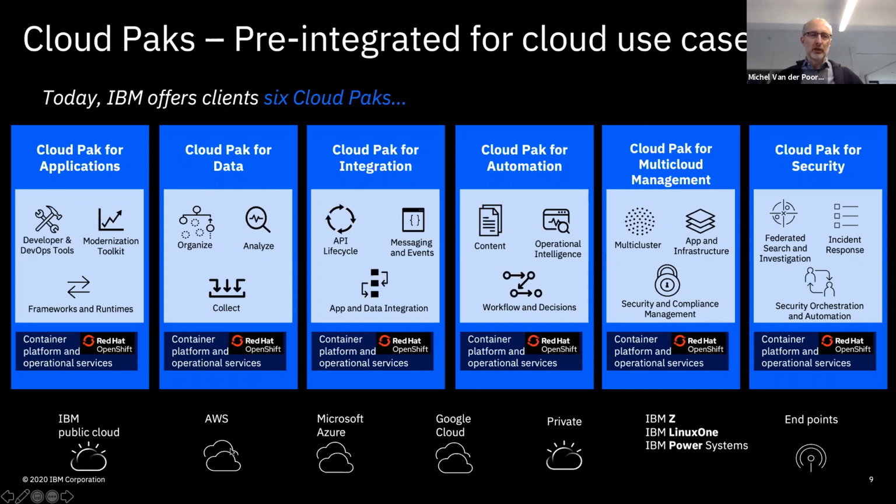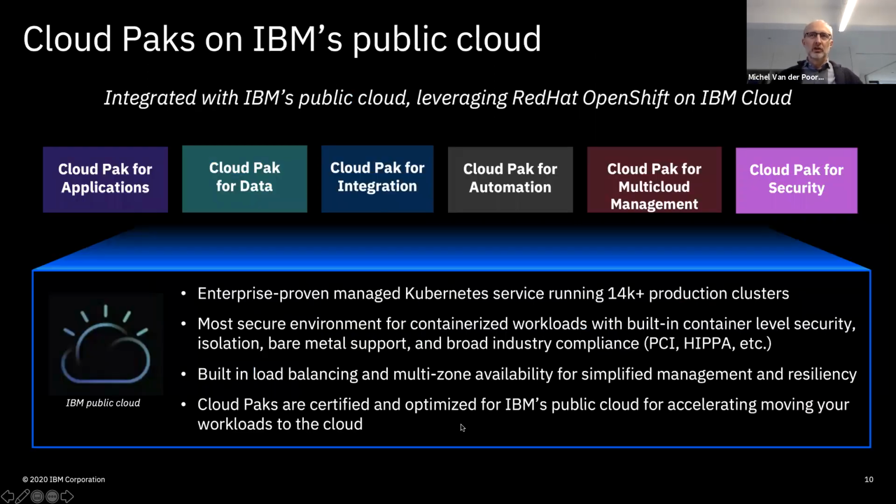So if you look on AWS, they have a managed OpenShift, well, you can just say, okay, I need a Cloud Pak for applications, I will just deploy it over there. And of course, what you can do on those other clouds, you can also do on our cloud. Important to say that if you deploy a Cloud Pak on our cloud, the OpenShift subscription comes with the license. So there's no additional cost for the subscription, which you would have on other clouds.